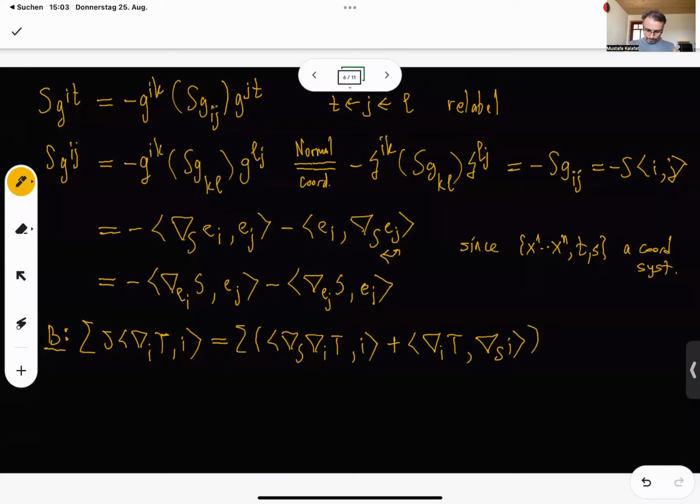All right, so you use the Leibniz rule, or product rule, for both slots, and whenever you see something like this, this tells you that there are curvature terms coming up, and you can just write down the Riemann curvature tensor instead of that.